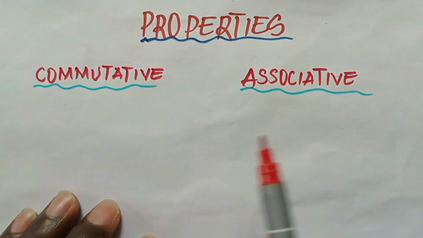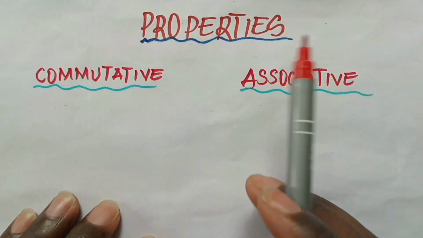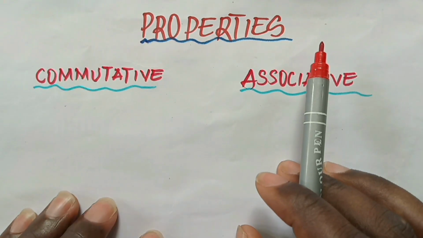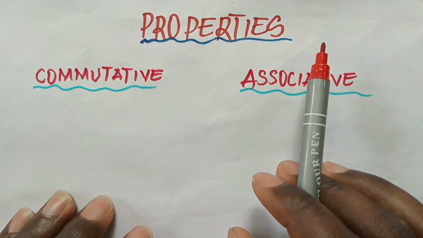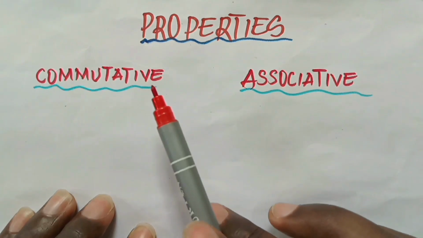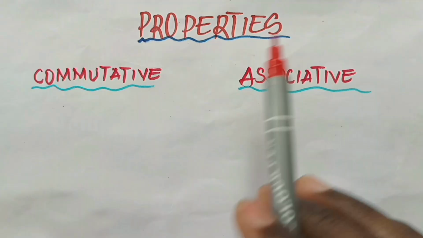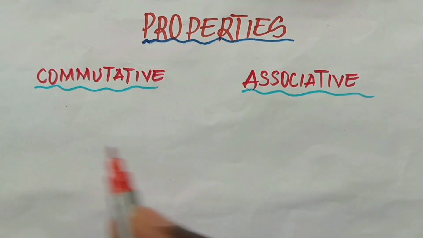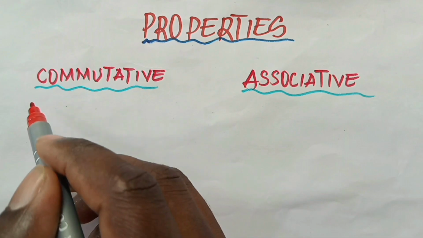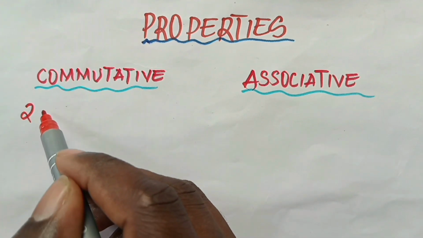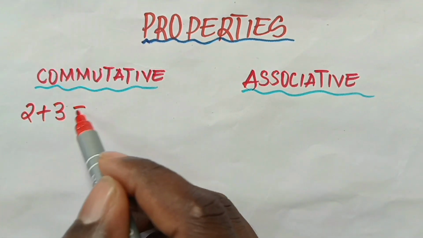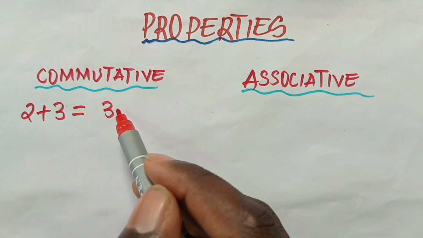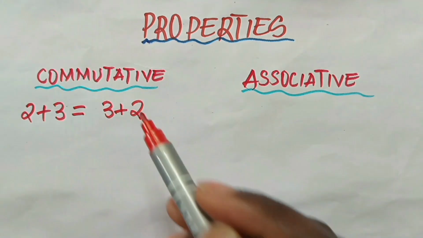Right now, I'm going to show you the properties of the numbers, because operations follow special rules called properties. First, we have commutative. What happens here? For example, 2 plus 3 is the same as writing 3 plus 2.